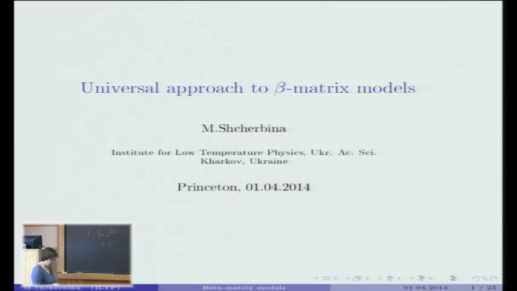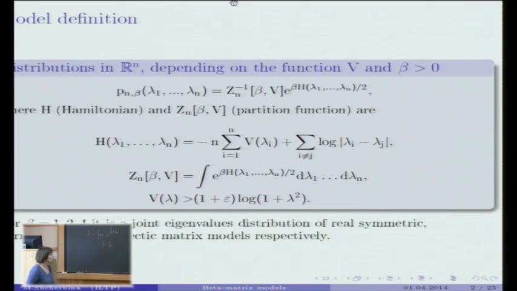So let me start from the definition of the model. Just a standard thing, you have a distribution. What is a beta matrix model? It is a definition which has two parameters: one is a function V, a real valued function growing faster than 2 logarithm at infinity, and the other is beta, a real parameter.